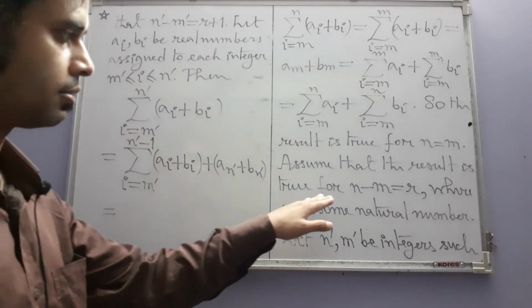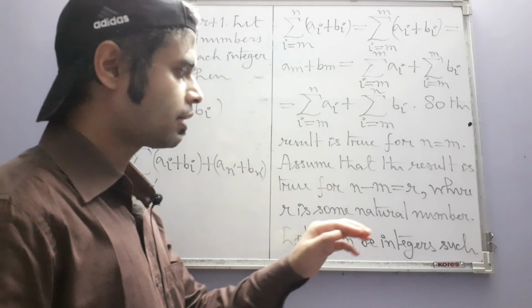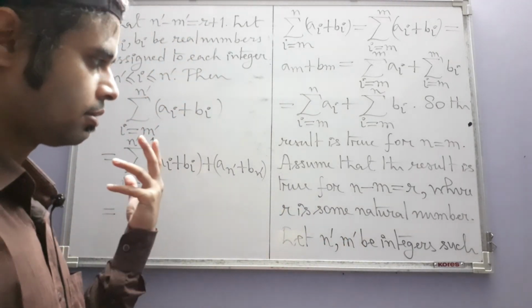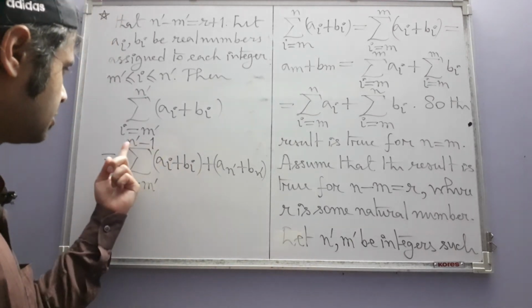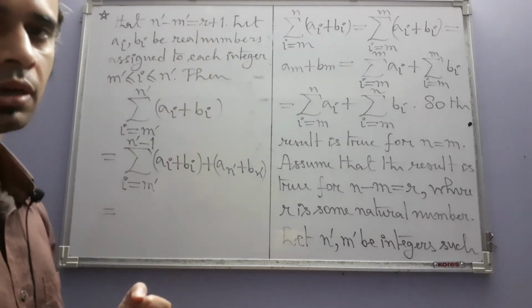So that thing that I was saying just now, that there are many values of n and m which are parts of the induction hypothesis. One such pair is n prime minus 1 and m prime, because their difference is r.